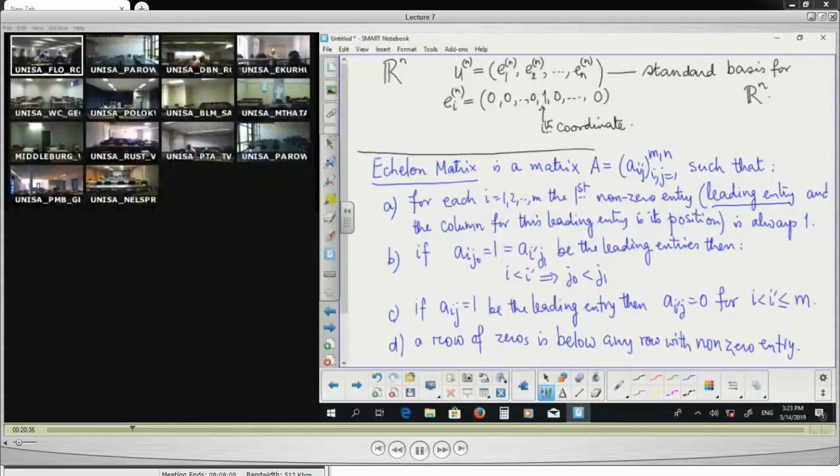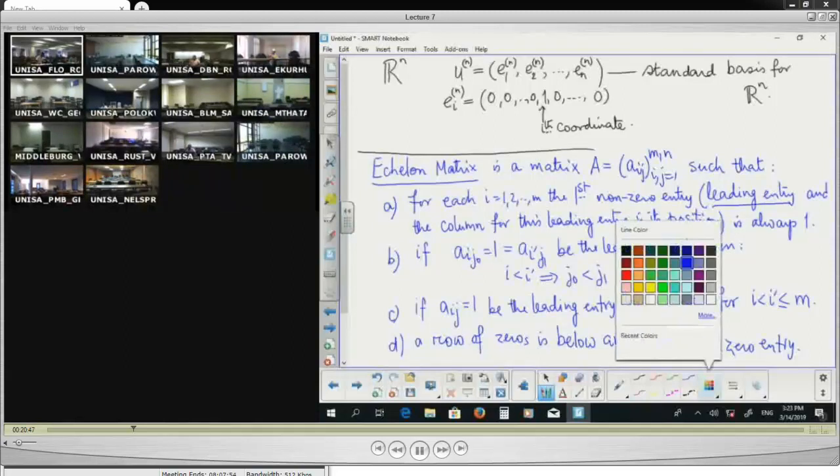It is a reduced echelon matrix provided you replace this. So let me put a separate color.